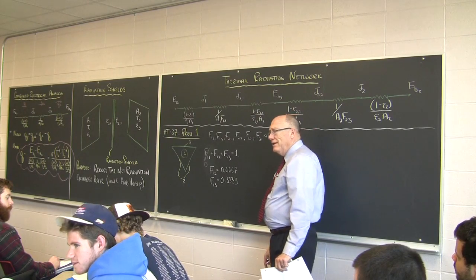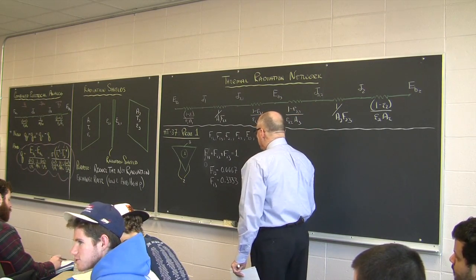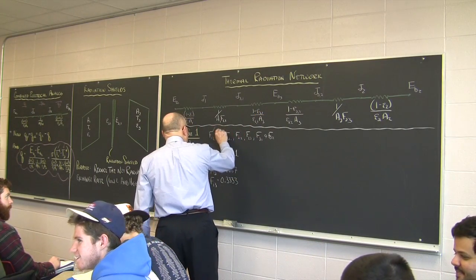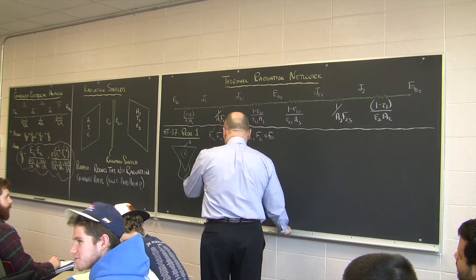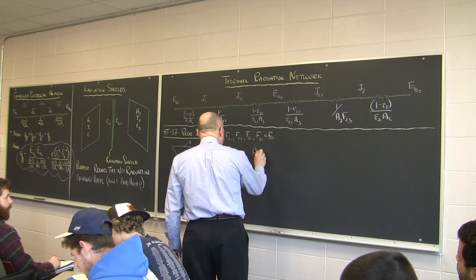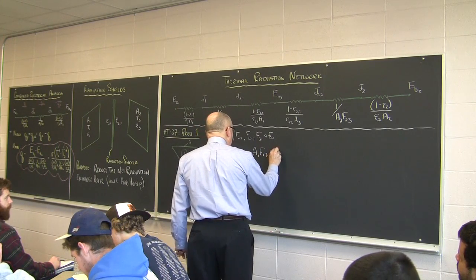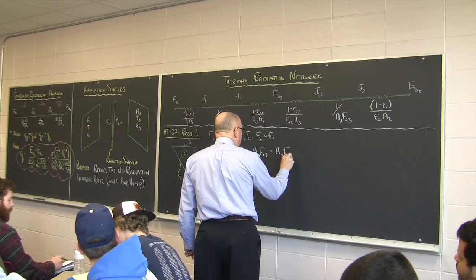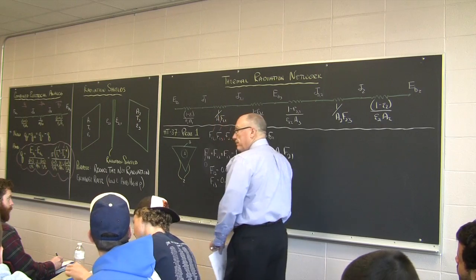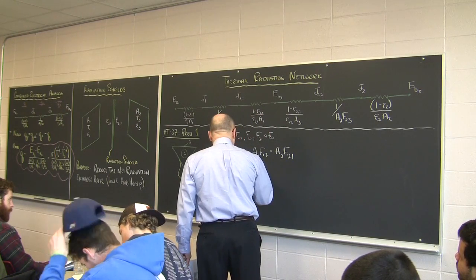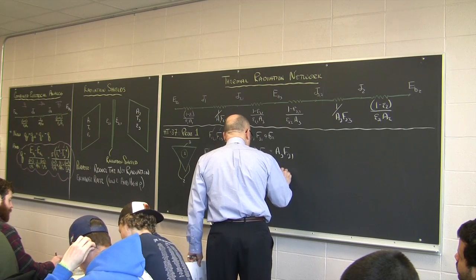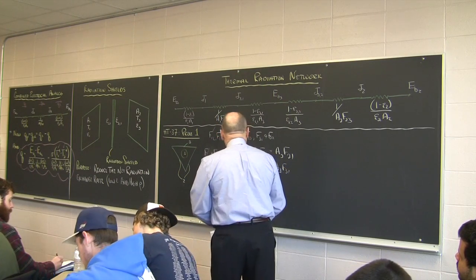All right, well, okay, let's keep checking. So we have F1 to 2 and we have F1 to 3. Now we're going to multiply by the area, and we know that A1 F1 to 2 would be equal to A2 F2 to 1. So we can solve for this. We also know that A1 F1 to 3 would be equal to A3 F3 to 1.